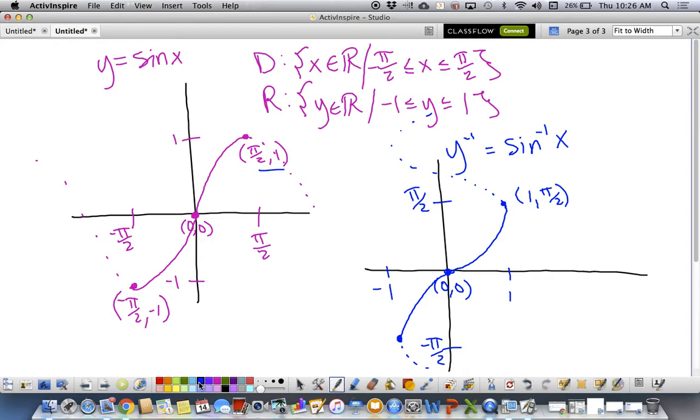I don't want to get into lots of, pi over 4. Where are we? Because it's not going to be. That's the inverse sine. It puts a little negative 1 up there.